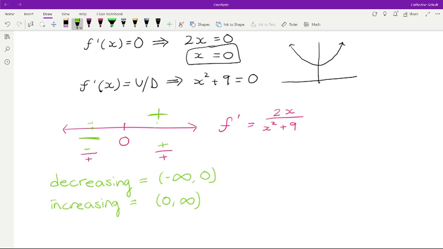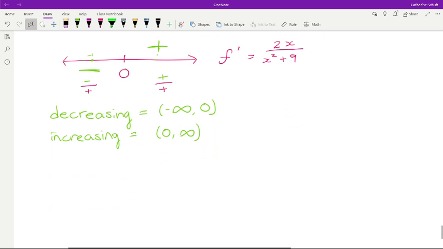All right, so lovely. We can also run the first derivative test right now. That's the second thing we do to find the local mins and local maxes. We can do that using the first derivative and the critical values.